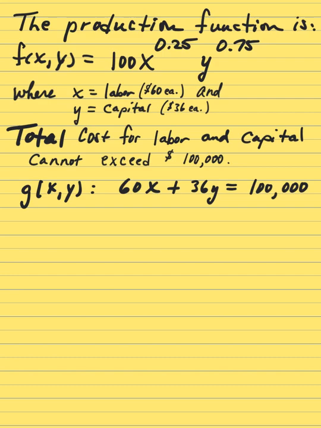Now, as far as the rest of the problem goes, we're going to tackle it like we did the first two examples. We're going to use partial derivatives, find lambda for each partial derivative, set the lambdas equal, go to our constraint, make a substitution, and then see what value of x and y we can come up with.